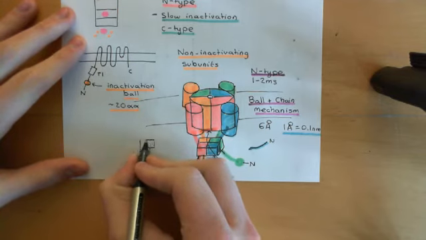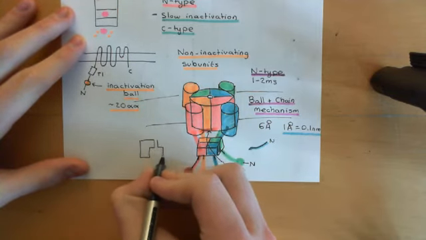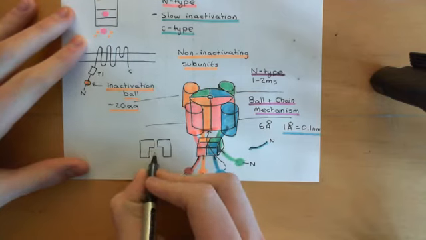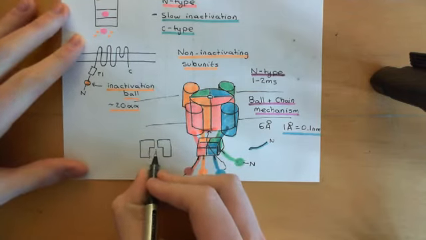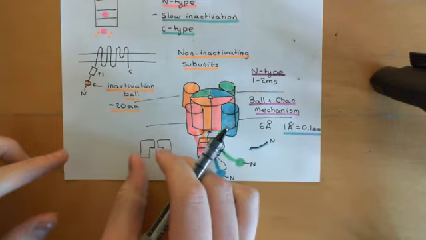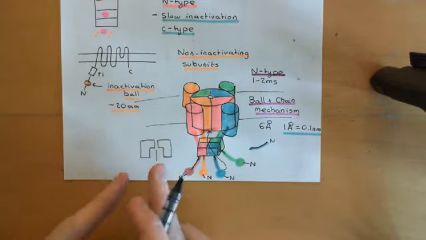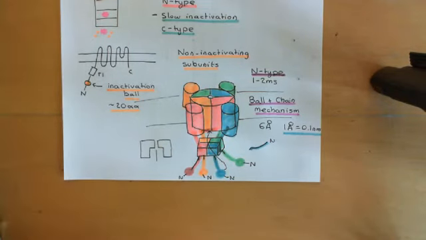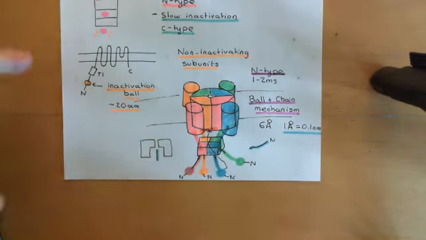If I show this, here is the internal aspect of the pore, we think that the inactivation ball slithers like a snake into there, and you've got to imagine that this is a little bit out of scale. It would be a much tighter fit, basically, in reality. So we think the inactivation ball unfolds into a linear polypeptide, and then that slithers up the internal aspect of the pore and ends up completely blocking the pore. And that's what occurs in fast type inactivation.